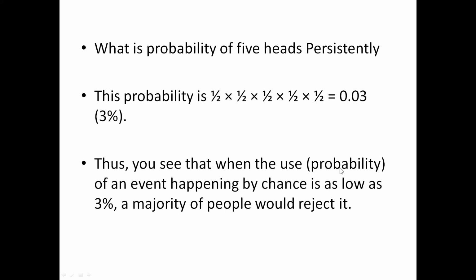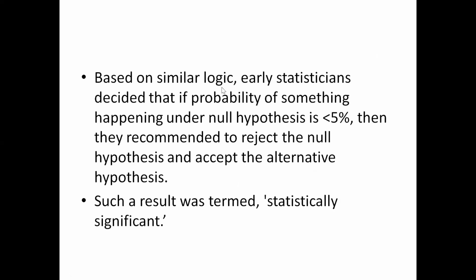Thus, if you see, when the probability of an event happening by chance is very low, like in this case 3% only, the majority of people would reject it. So early statisticians decided, based on similar logic, that if the probability of something happening under the null hypothesis is less than 5%, then they recommended to reject the null hypothesis and accept the alternative hypothesis.